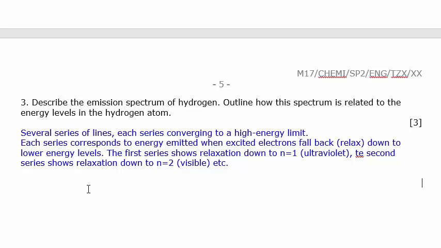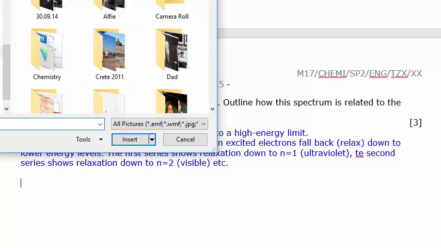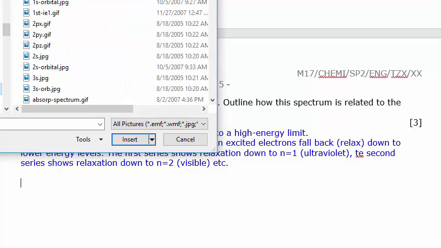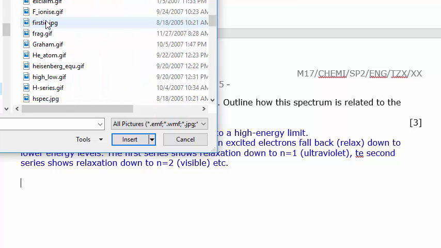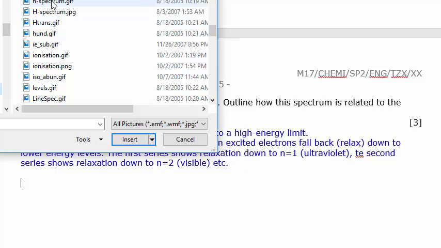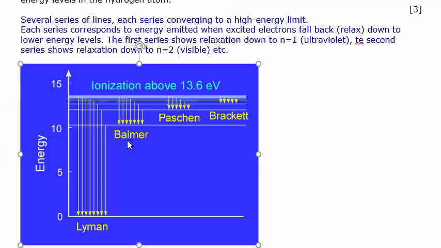Maybe, as this is not just a mark scheme, we want you to know this. Should we include a little diagram? Let's insert a little diagram here, just so we can remind ourselves what the hydrogen spectrum looks like. Documents. Let's go into books, atomic images, H spectrum, insert.